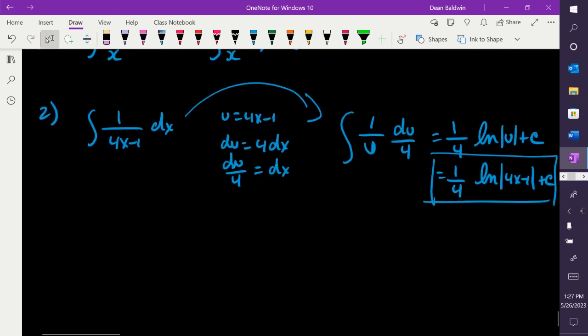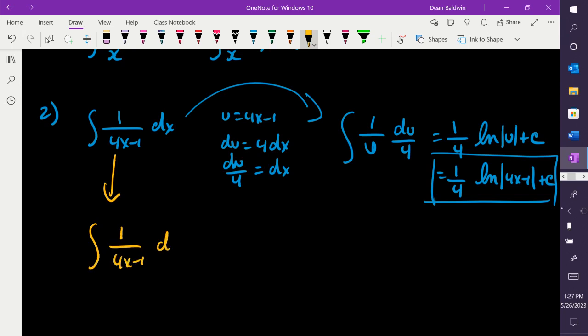So if I look at this function, 4x minus 1 dx. What's the derivative of the denominator? 4, right? So if I had a 4 in the numerator, it matches that u primed over u. Can I put a 4 in the numerator? But you have to do what?